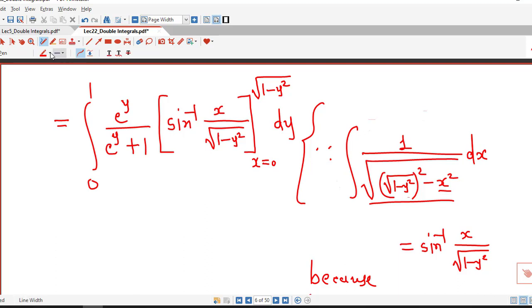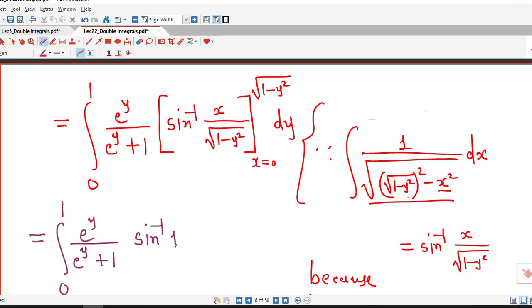Now we can put the limits and then we see what we obtain. So this is integral from 0 to 1. This remains as it is, e raised to y over e raised to y plus 1. For x equal to under root 1 minus y square, we have sine inverse of under root 1 minus y square divided by under root 1 minus y square.